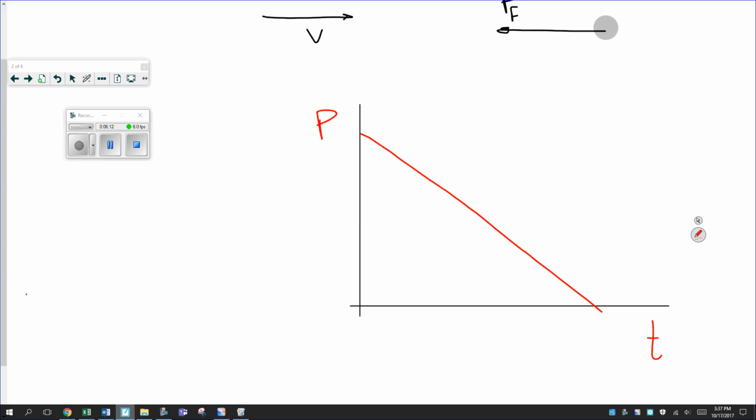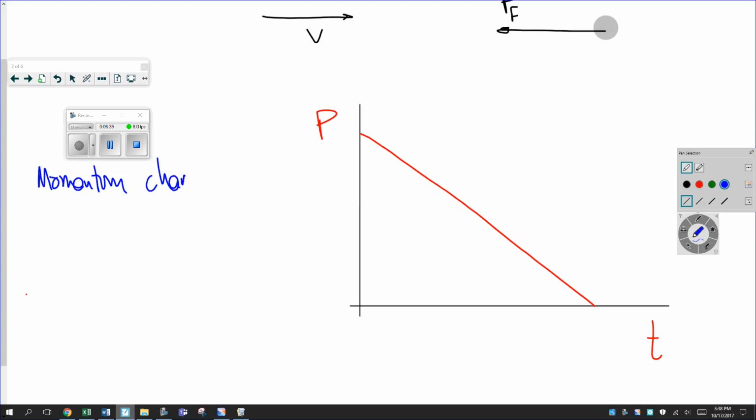We'd still get a constant rate of change of momentum, but this thing would end with a momentum of 0 if we let time go long enough. So again, we get that momentum changes at a constant rate.